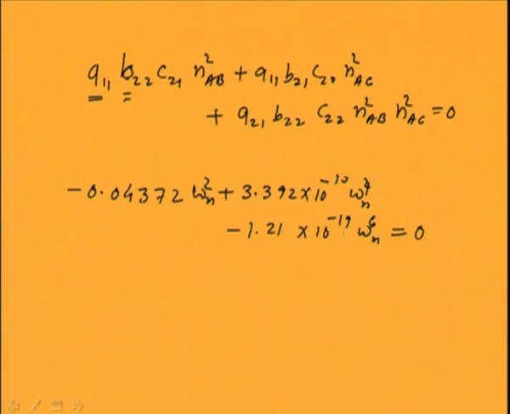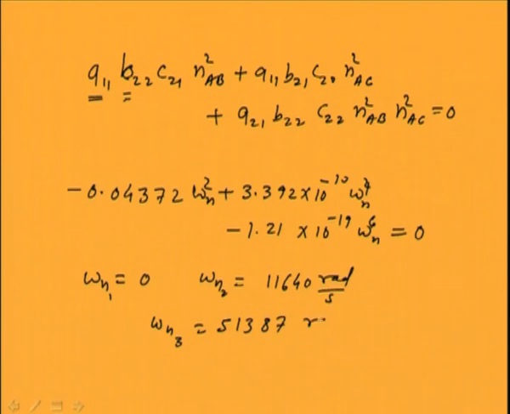This can be solved for omega_n. You can see that there will be 3 roots. First will be this, second is this, then third is this. So you can see that the method is very clear now for finding the natural frequency.